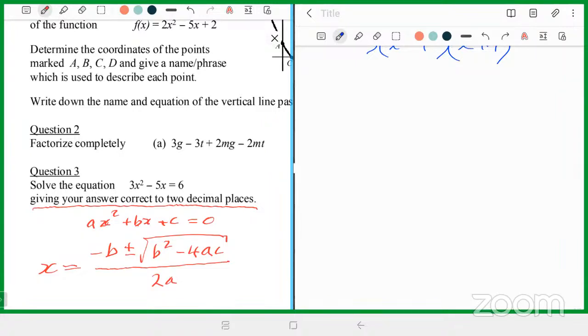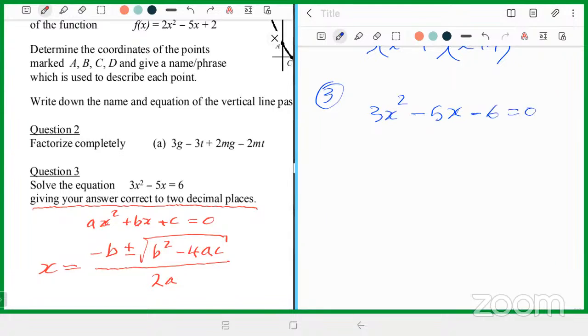All right. So this equation, we need to transpose it into the standard form by moving the 6 over here and leaving 0 on the right side. So let's write the standard form for it first. We're talking about question 3. When we transpose the 6, we get 3x squared minus 5x, and the 6 goes over and becomes a negative 6, equals 0.